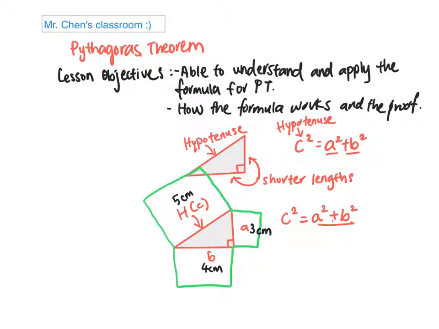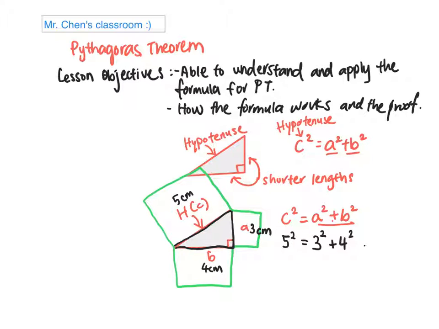So that means this length is 5 centimeters, this length is 3 centimeters, and this length is 4 centimeters. So let's see if the square of the hypotenuse, which is c, is equal to the square of the other two. Let's write them down. c is 5, so you need to square that 5, and you have to do the same for both a and b.